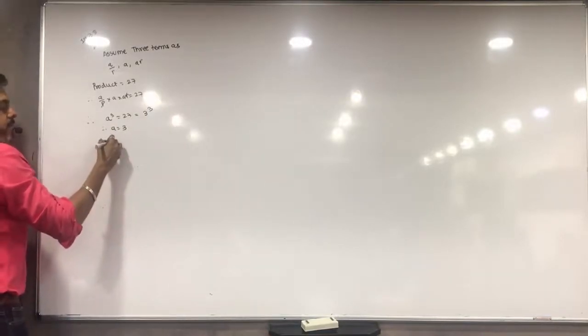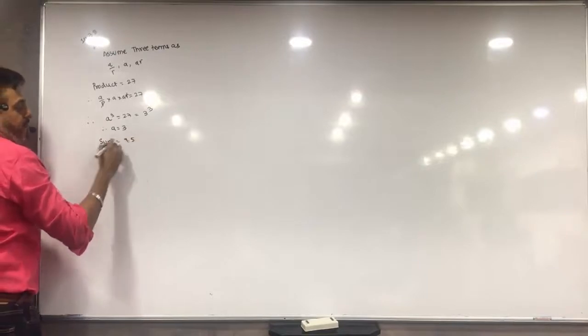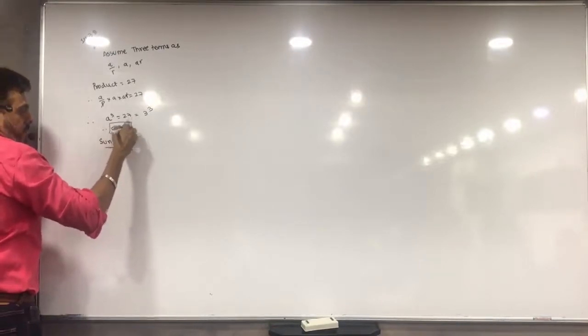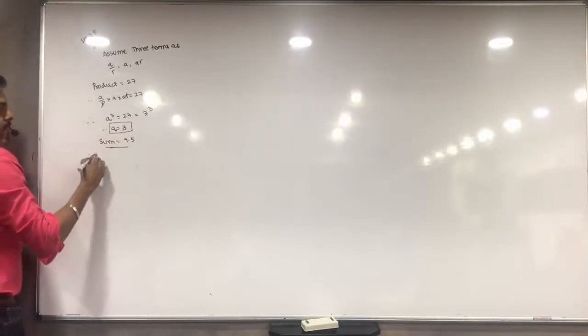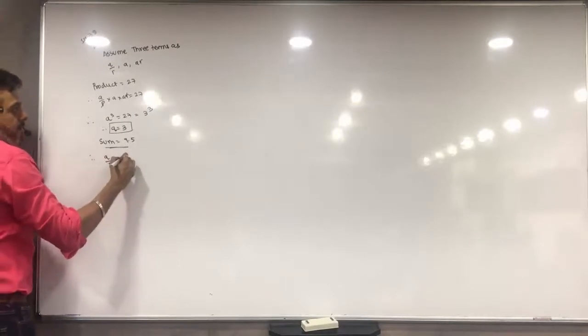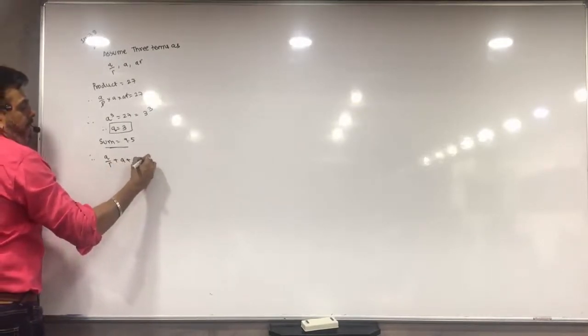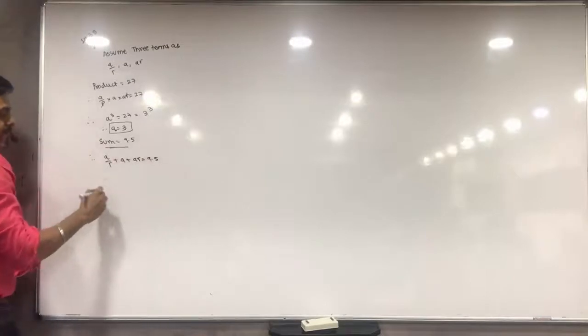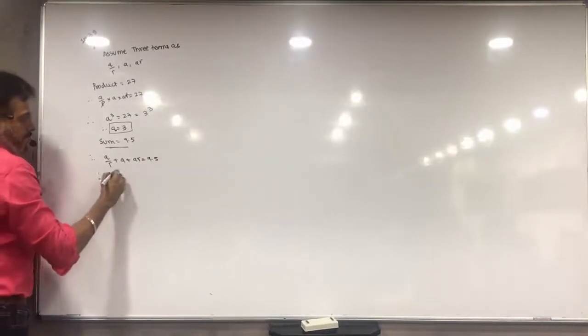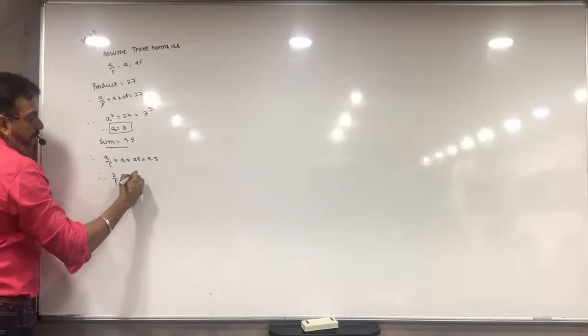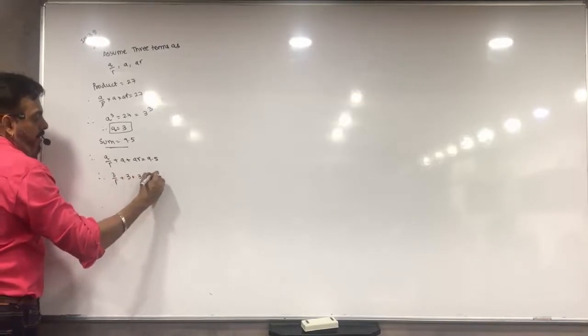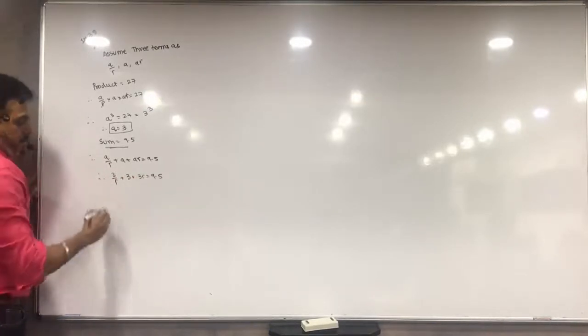Now sum is equal to 9.5. Therefore, A by R plus A into R is equal to 9.5. Therefore, 3 by R plus 3 into R is equal to 9.5.